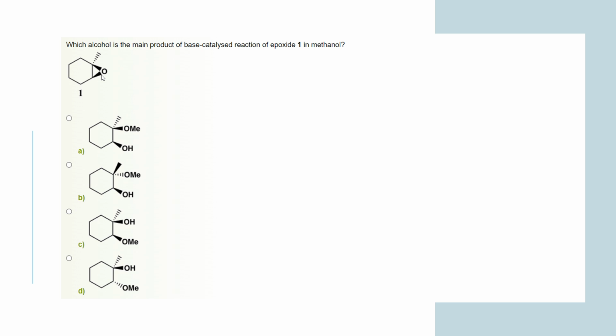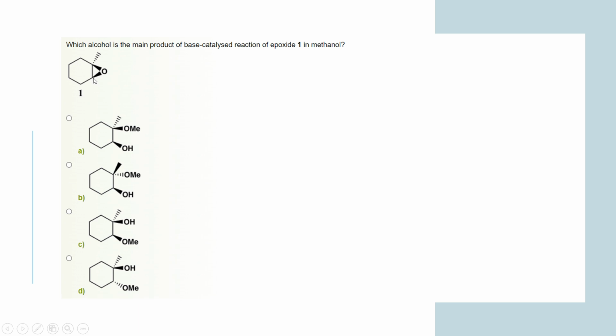Then in the second step, we will identify the position of the attack. You have two positions. One is disubstituted, where one will be a methyl substituent and one will be this alkyl. And the other is monosubstituted. You just have this alkyl chain and one proton.